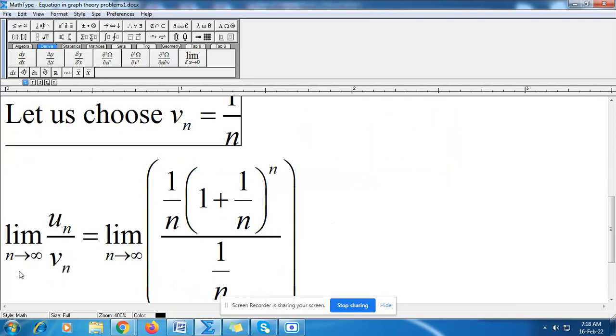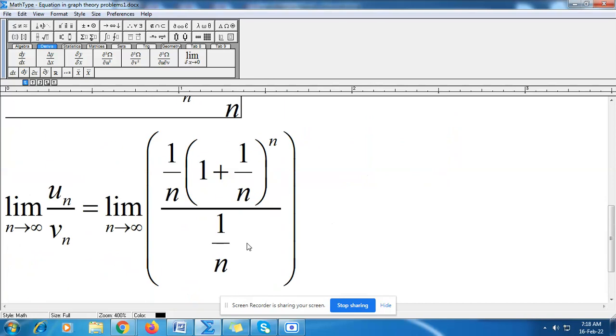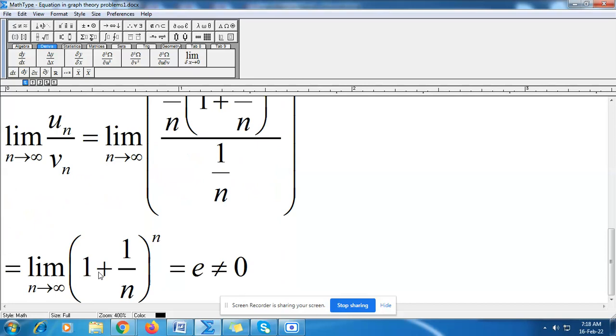Now u_n by v_n as n tends to infinity: 1 by n, 1 by n got cancelled. We have (1 plus 1 by n) whole power n. The limit as n tends to infinity of (1 plus 1 by n) whole power n is e, which is not equal to 0.